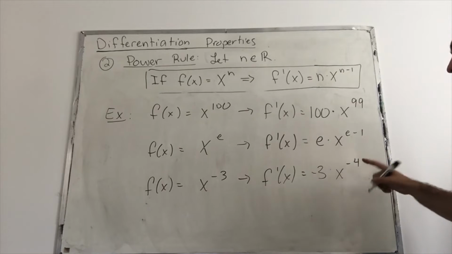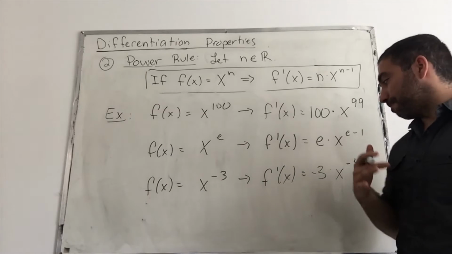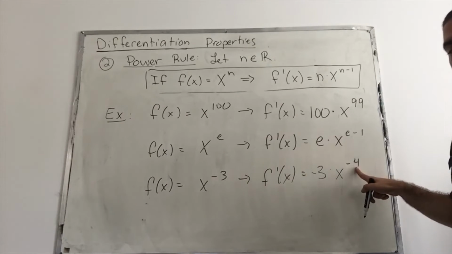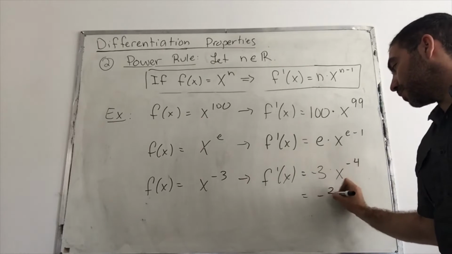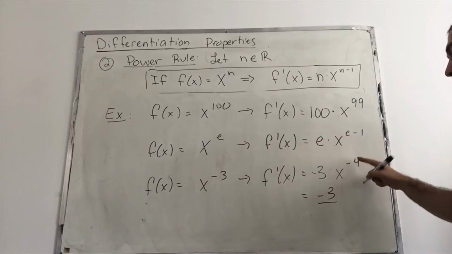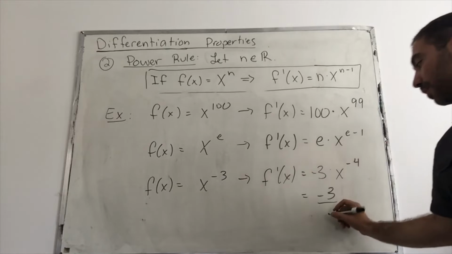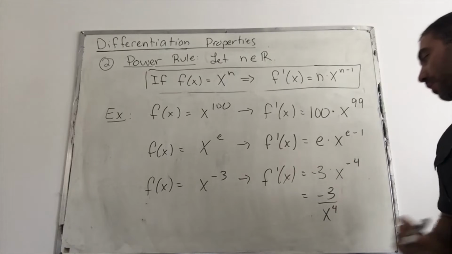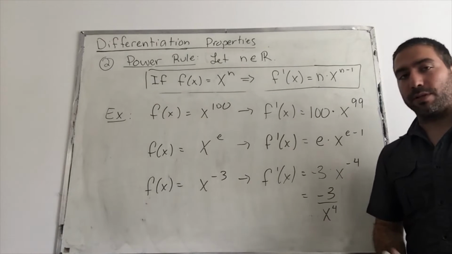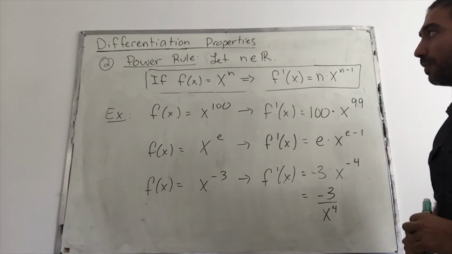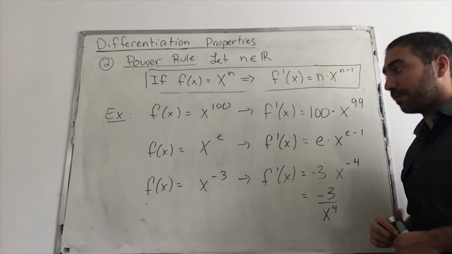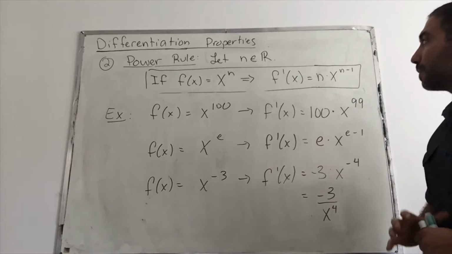Negative 3 times x to the negative 4. Don't leave your answer with negative exponents. So remember your laws of exponents. The negative causes the x to drop down. So we would write it as negative 3 divided by x to the 4. Okay. So this is the power rule, very important. We use this often, so make sure you're comfortable with this and you have this memorized.